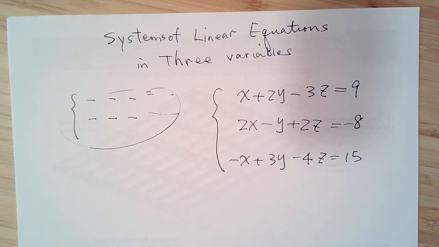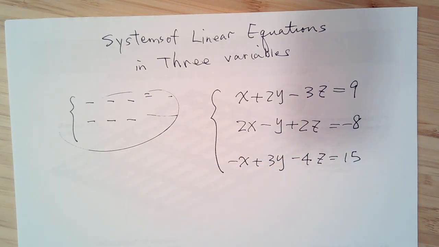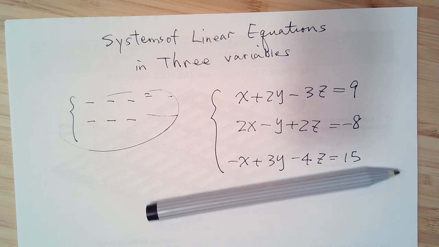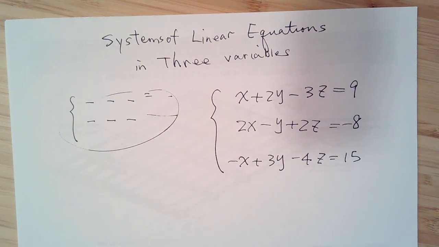How should we do that? We already learned how to do that in two variables. If you have just two variables, then we already did the graphing method. Of course, I don't like that because I cannot graph very well. And we use the substitution method if we find one variable has a coefficient of 1. And then the last one is the elimination method.